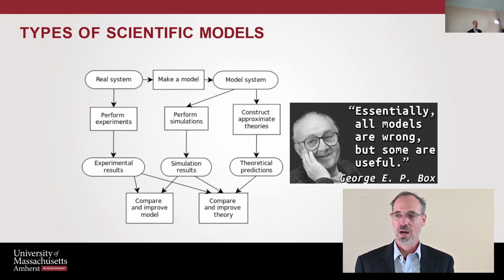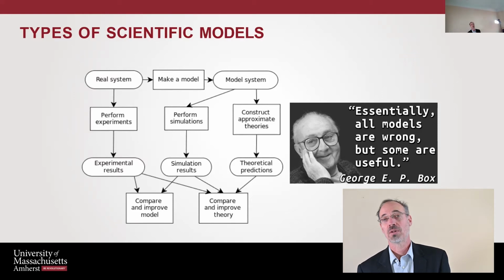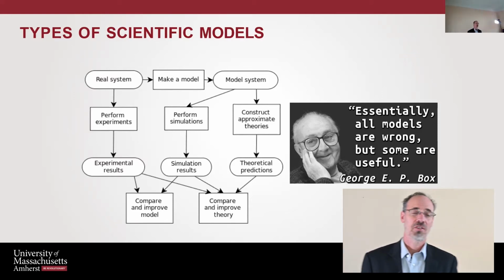Now, George Box, here he is, essentially said all models are wrong, but some are useful. This is absolutely true. Models have to be taken with a grain of salt. They guide our thinking about things like infectious disease. They don't necessarily give us concrete answers because all models cannot accurately predict the future, as we know.